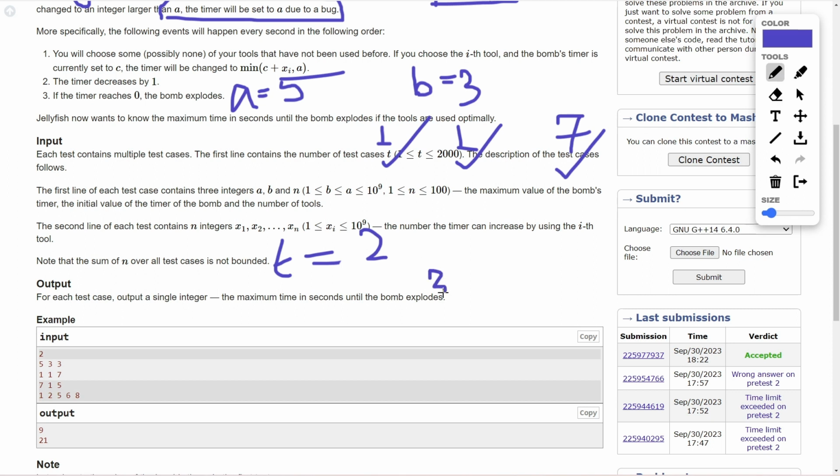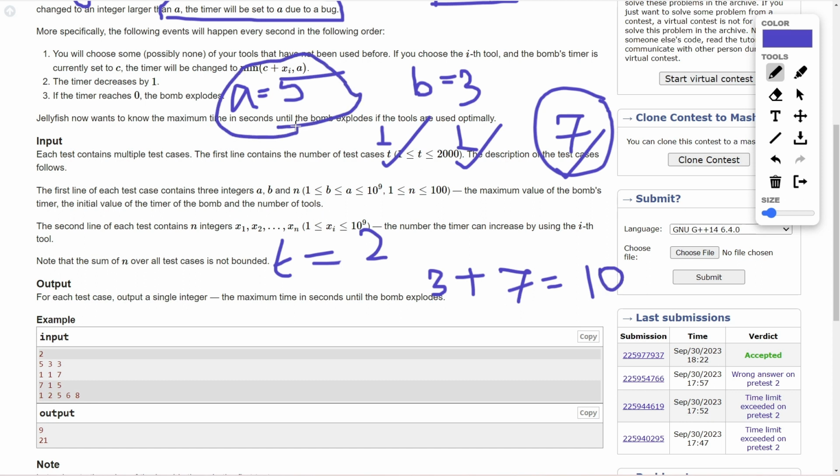This is just an example. Now we use this tool. Our time will increase by 10. No, our time will increase by 5, because the max is setting an upper cap. So at max we will only reach 5. If you realize, we are actually wasting the potential of this tool.